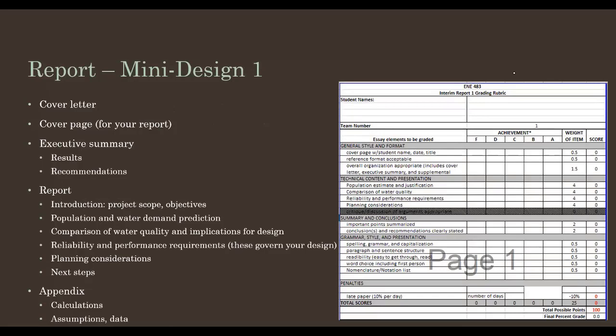So there doesn't need to be a lot of information in the cover letter. The cover page includes the information on your company, please include the team number and all of the names of the students. Makes it much easier when we're trying to deal with grading. And then you'll have an executive summary. That executive summary is really a summary of your results, summary of your findings, and your recommendations.